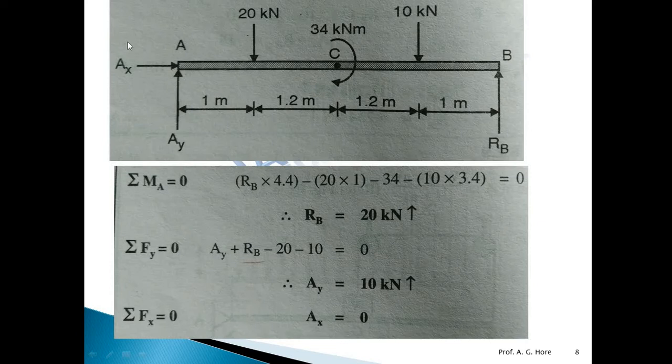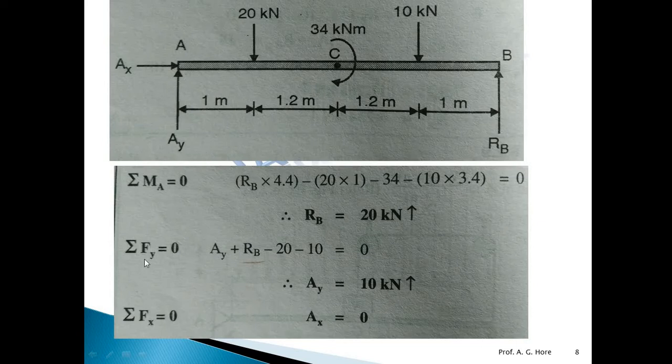Then minus 10 into 1 plus 1.2 plus 1.2, that is equal to 3.4, and plus RB, rotating anti-clockwise, into the addition of these 2, that is 4.4. Now here only RB is unknown, so we will get the value of RB.